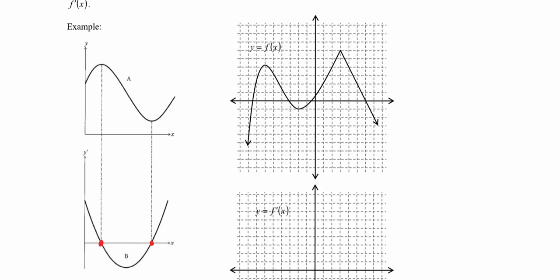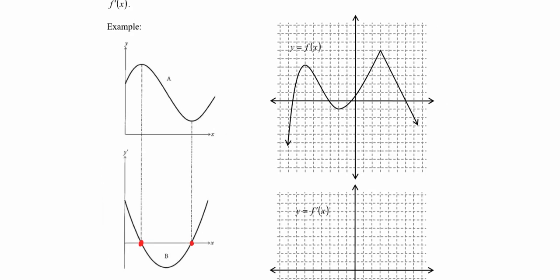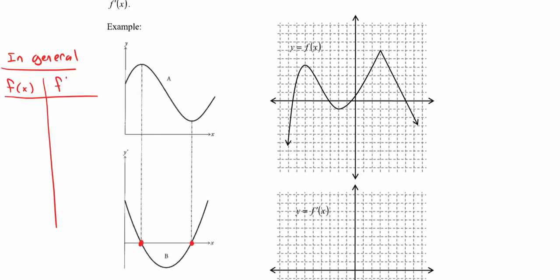So actually, in general, we should probably write down what some of these rules are. We'll say, in general, if we had the graph of f of x and then the graph of f prime of x, the derivative, then any max or min points, where the slope, or m, is equal to 0, are going to be our x-intercepts on the derivative.